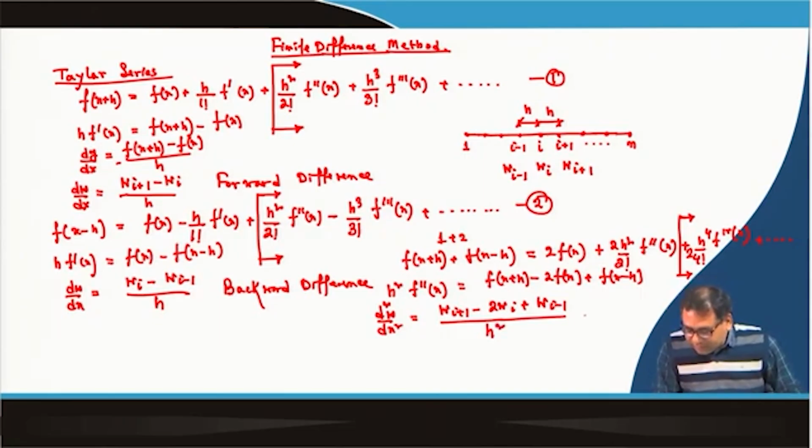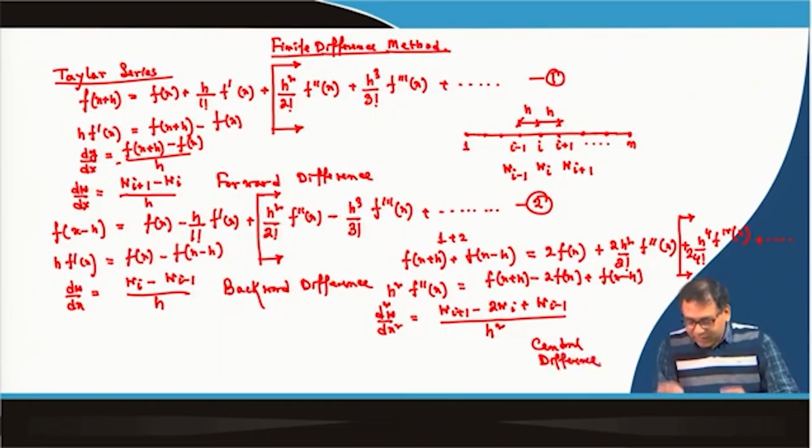So, this is called central difference method, because here it is central, we are taking W i plus 1 as well as i minus 1. This is called central difference method.